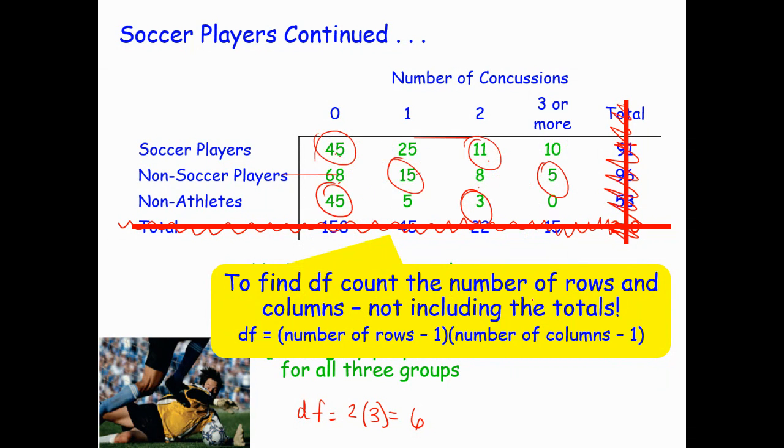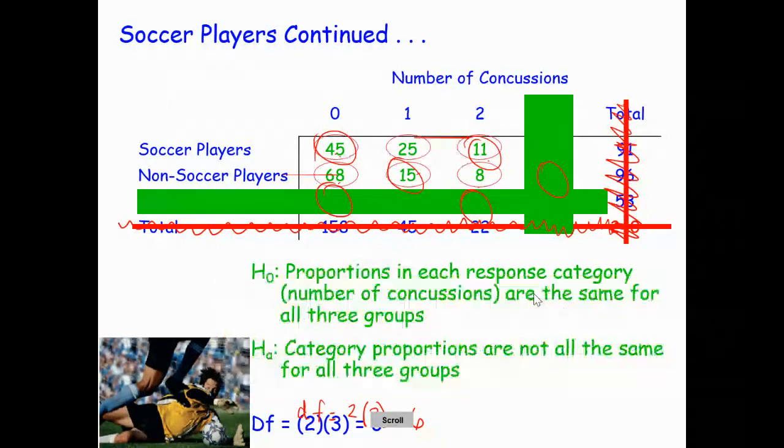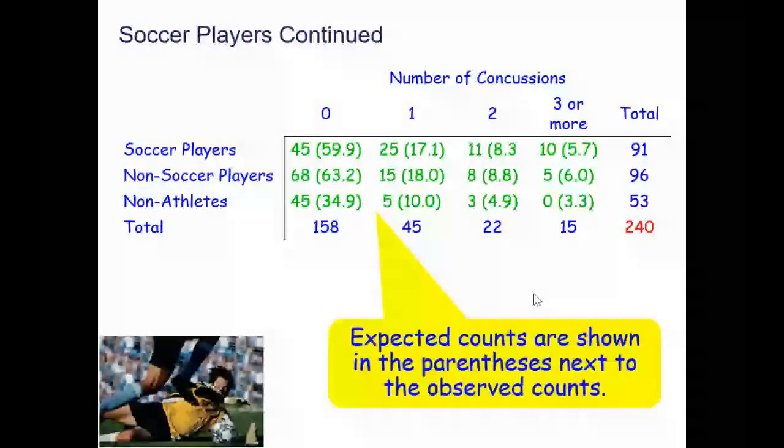They would have to be set, and they couldn't change. So 6 have the freedom to change. The others are set. They have to be set in order for it to stay consistent. Okay, don't forget that.